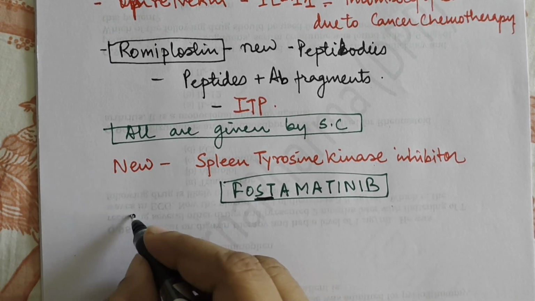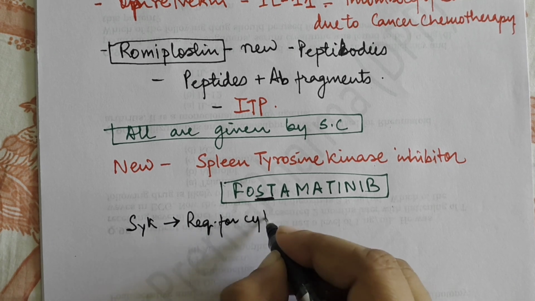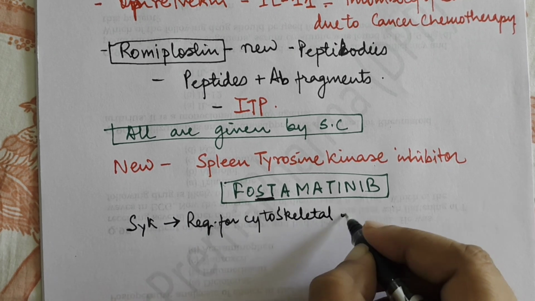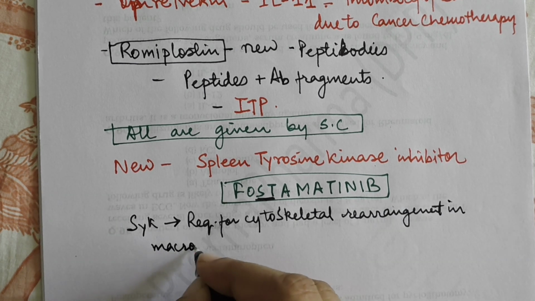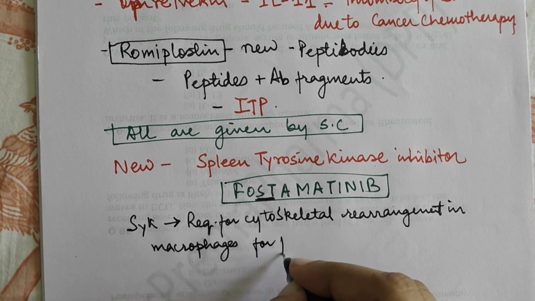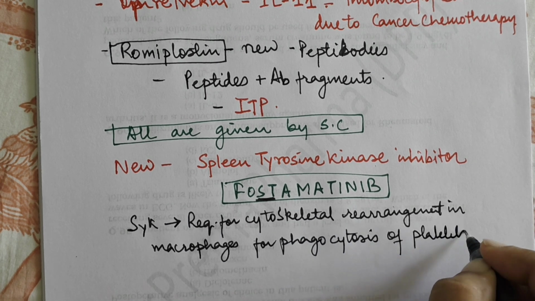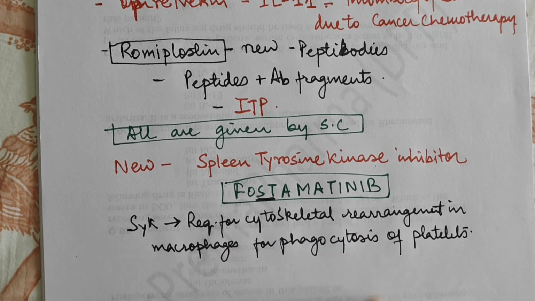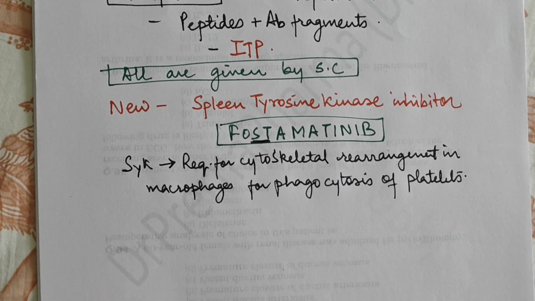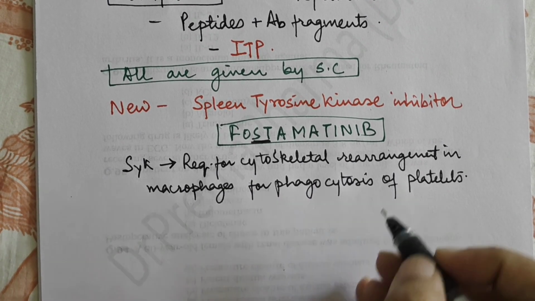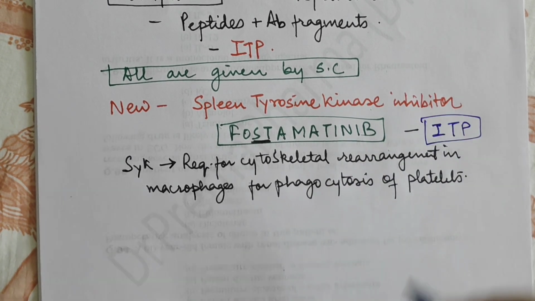So spleen tyrosine kinase, actually it is required for cytoskeletal rearrangement in macrophages for phagocytosis of platelets. So this drug will inhibit the spleen tyrosine kinase, so that cytoskeletal rearrangement will not be done, and the macrophages will not be able to phagocytose the platelets. So it is also used in the treatment of ITP.